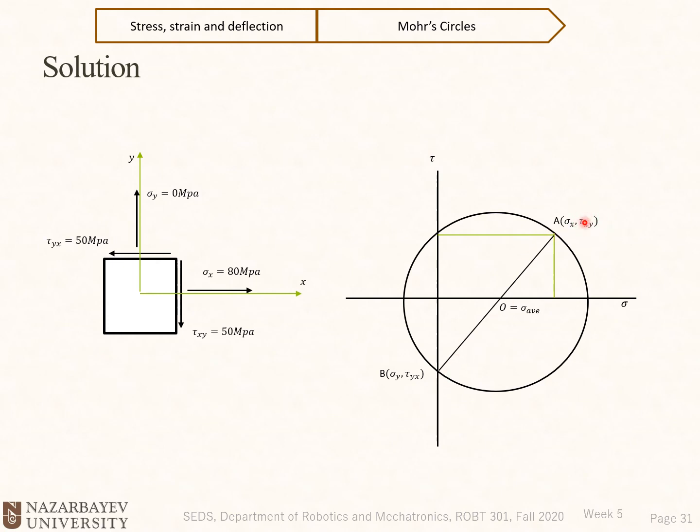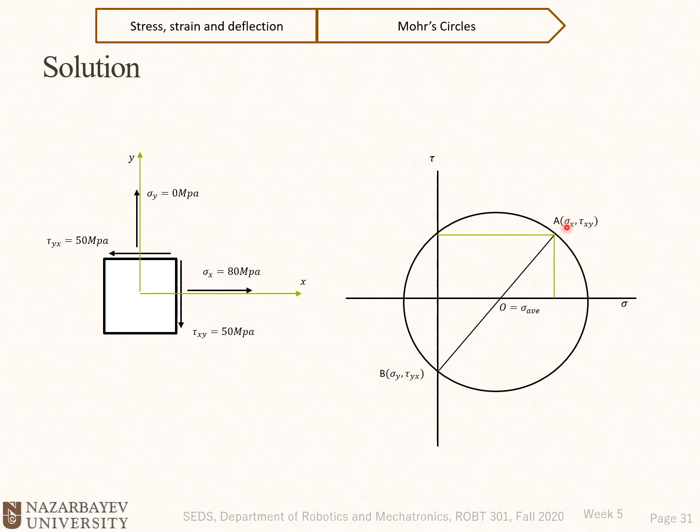The tau xy here is positive, tau yx is negative. If tau xy is negative, then tau yx is positive. But again, in the stress tensor, if you remember, tau xy and tau yx are equal, both of them either positive or negative, because the stress tensor is symmetric. So when we are plotting the Mohr circle, we have a different convention for the tau or shear stress, and don't mix that with the rules of a stress tensor.